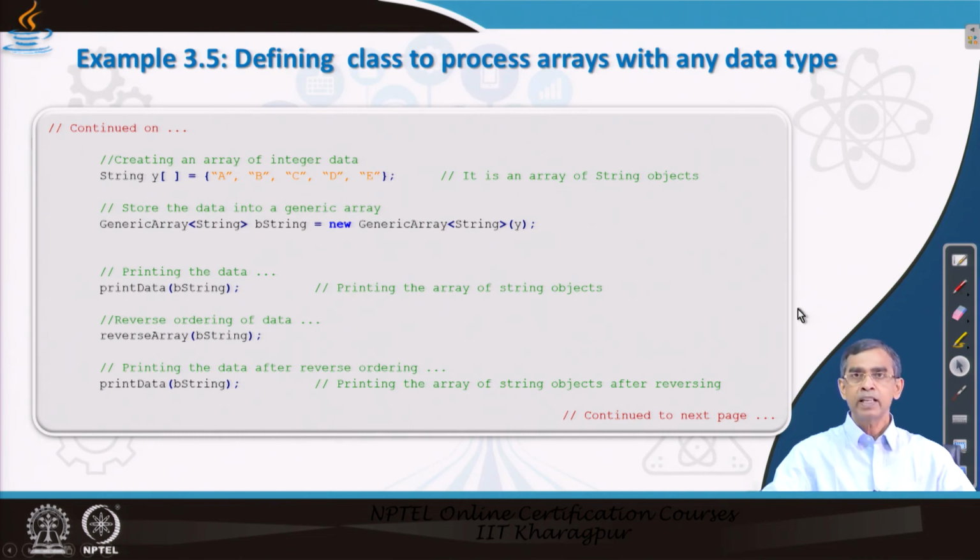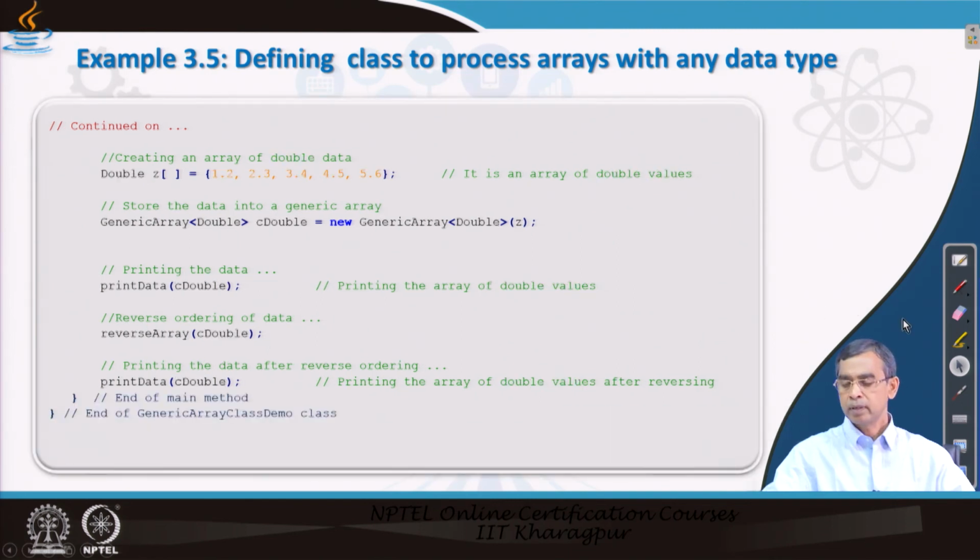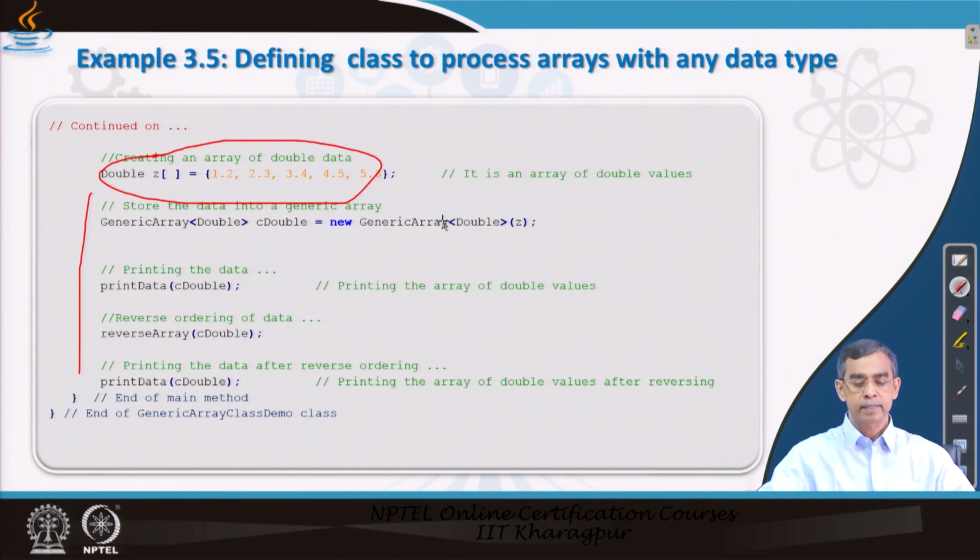So, if it works for integer, it will also work for double values, and this is an example where the same program we can run, but for arrays of double values. And the only thing that you should note is that while we are creating or passing the values into this program, we always create object arrays.